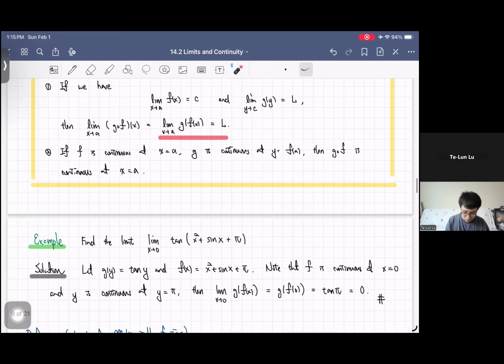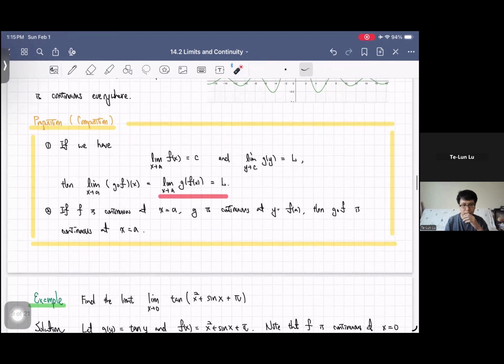The last proposition I will introduce in this first portion of the video is that limit and continuity also behave well under composition. So in this case, I state that when x approaches a, f approaches c, and when y approaches c, g approaches L, then we have a nice formula for composition.